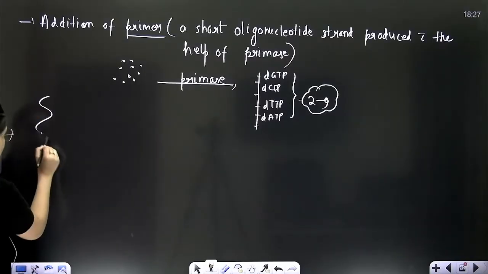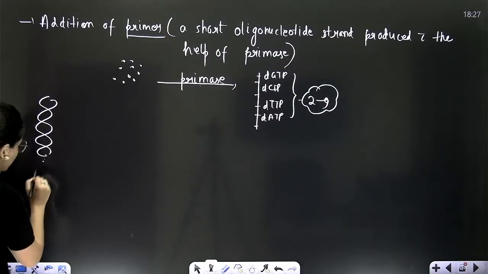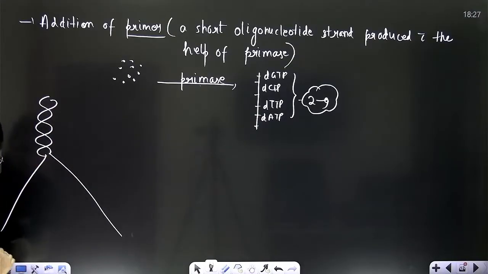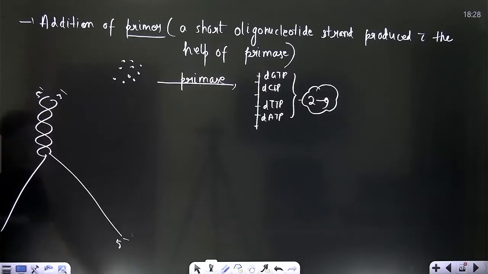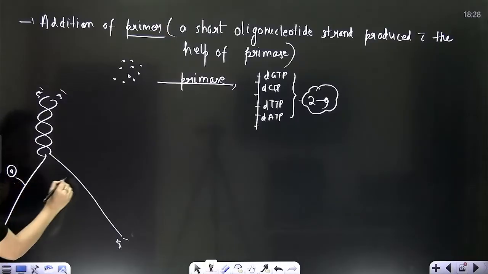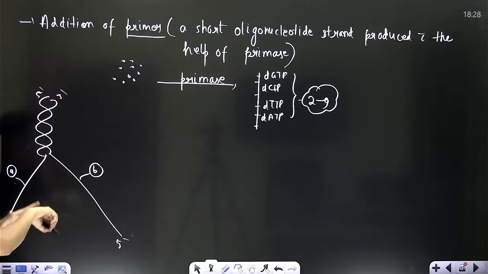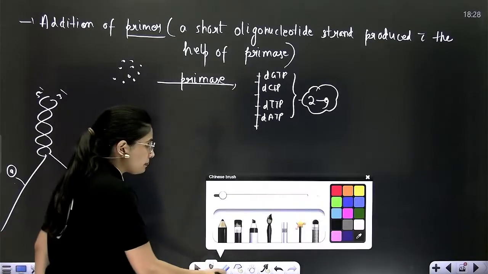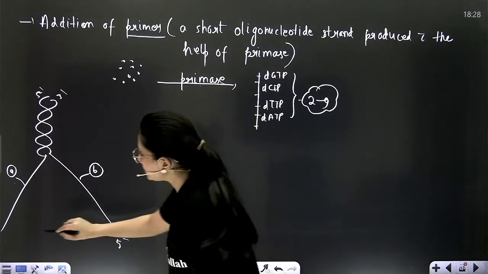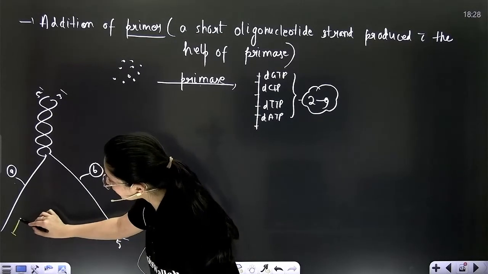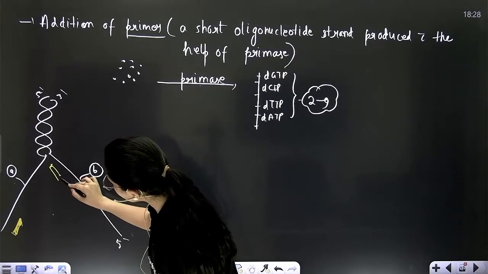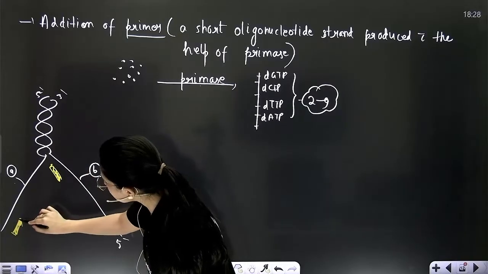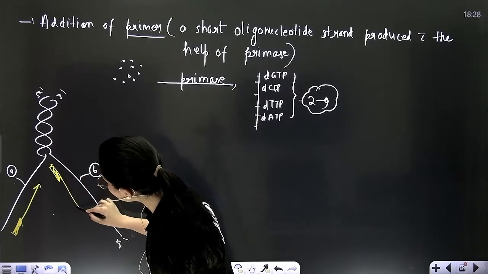See, this was the condition now. This was my strand. Y-shaped replicating fork is produced. Now one strand is 3 like this. Okay. Now on this parental strand, which I am marking as A, this is A parental strand, this is B parental strand. Now on A parental strand, beta, the primer is going to get attached over here. And on B parental strand, primer is going to get attached over here, which marks the beginning of replication.